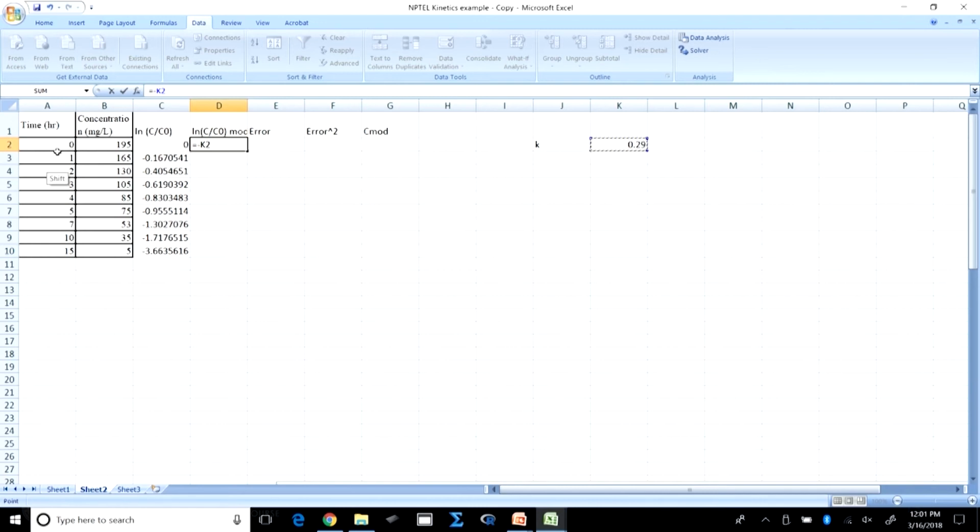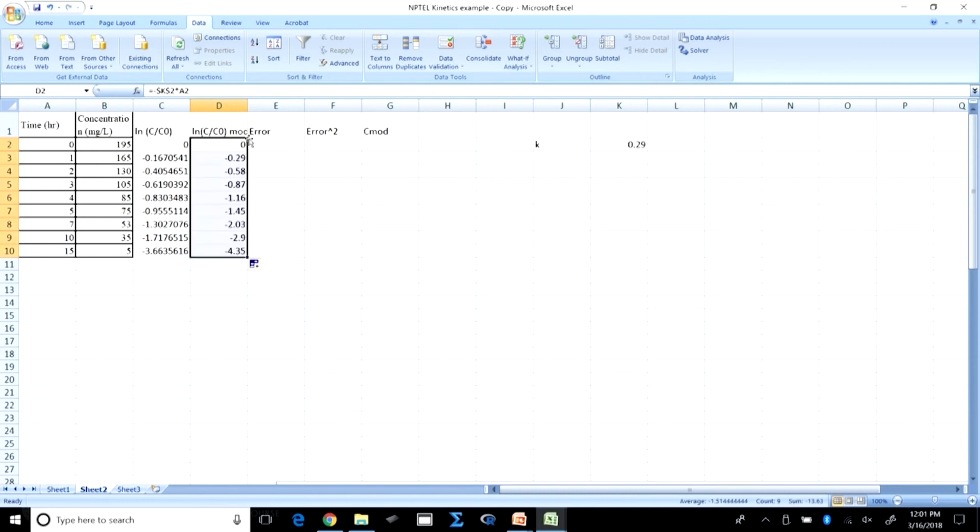Into time here. I need to keep the cell constant with respect to k, so I press the dollar symbol. This helps me in keeping the cell constant. Again dollar symbol, so enter.